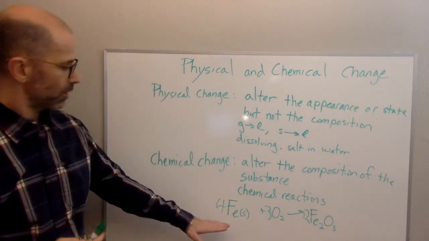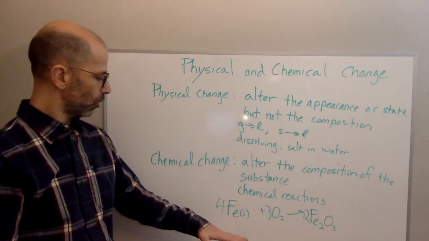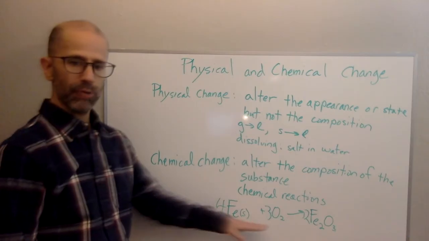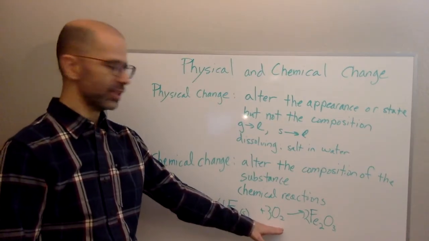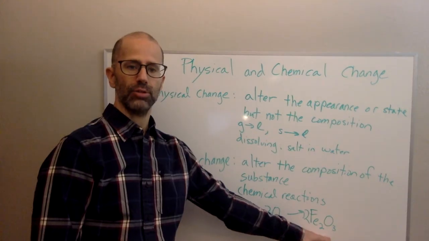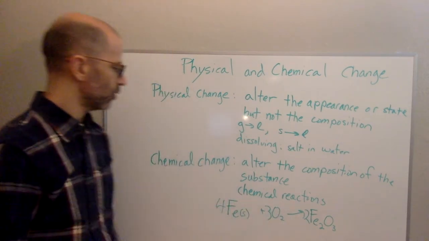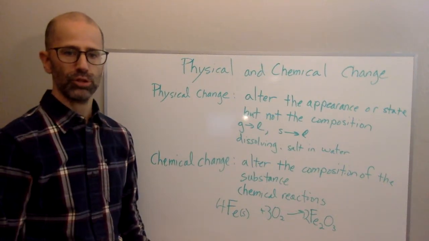So here we're changing the composition of the substance, right? So I take my iron, it reacts and combines with oxygen, and now it becomes something else. Iron 3 oxide, or rust, right? So this would be an example of a chemical change.